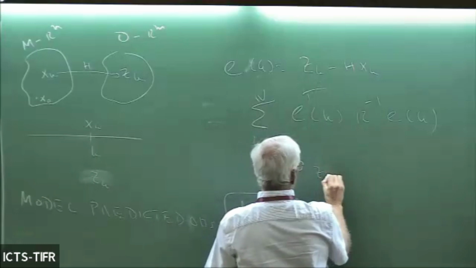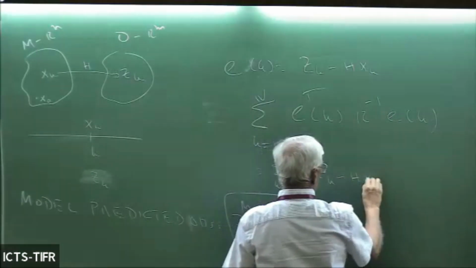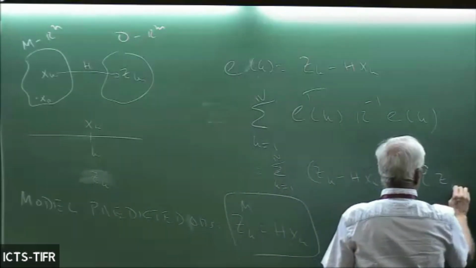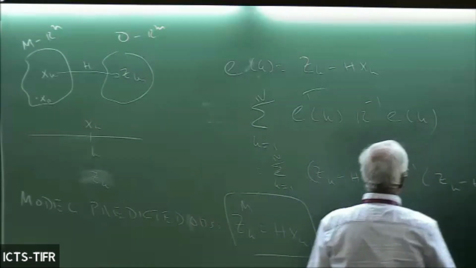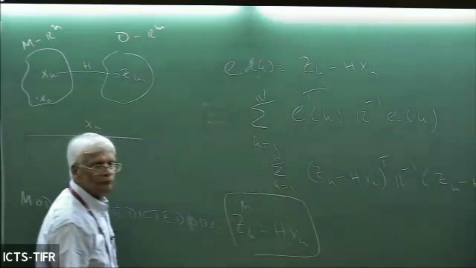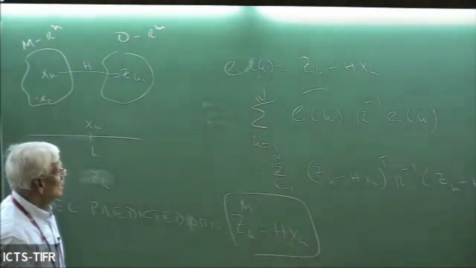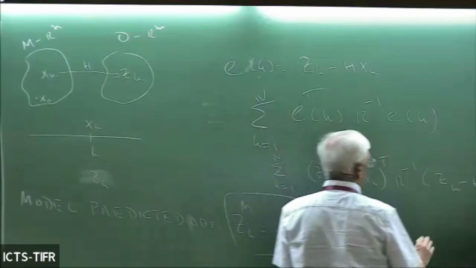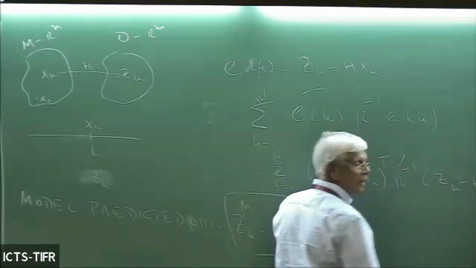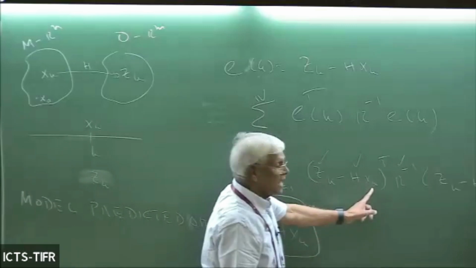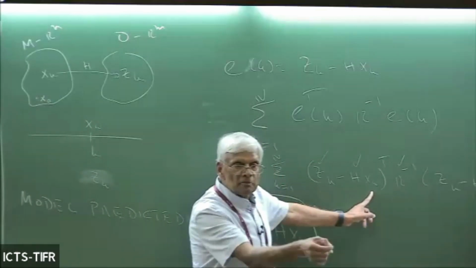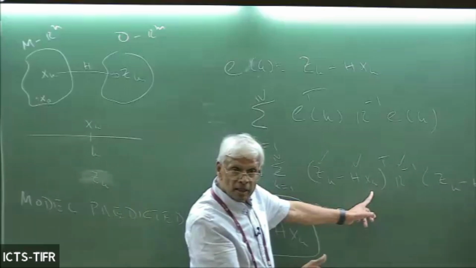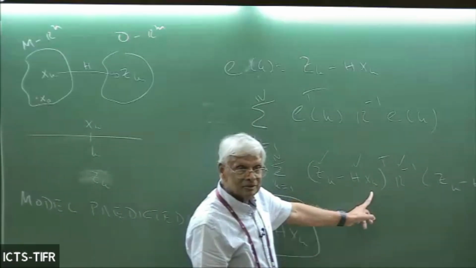So this is equal to Z_k minus h of x_k, transpose, R inverse, Z_k minus h of x_k. So Z_k's are known, H is known, R is known. x_k I can compute through the model. M is known. Are you with me? But x_0 is not known.